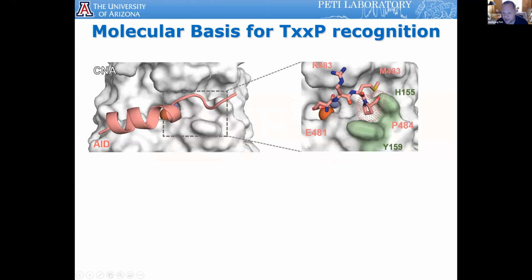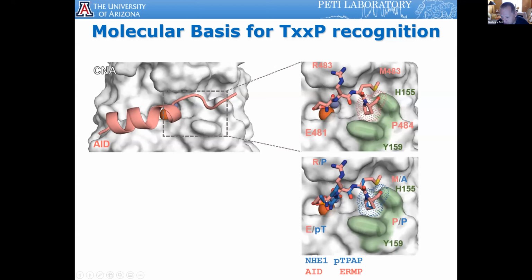So what is happening here? Well, this is part of a structure and part of the model that we created here. And what you can see here is that this proline is sandwiched between two hydrophobic residues, a tyrosine residue and a histidine residue. So when you now put in our PTPAP sequence here, you can see that this fits perfectly in here.